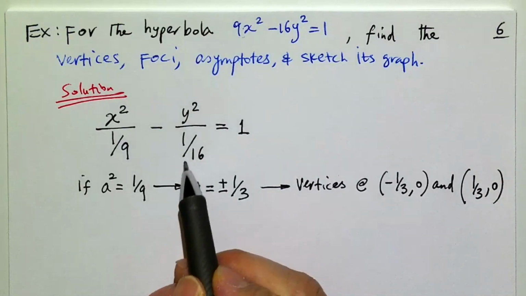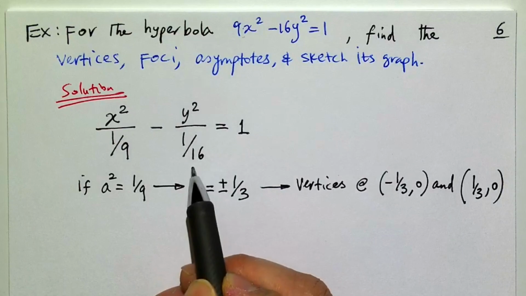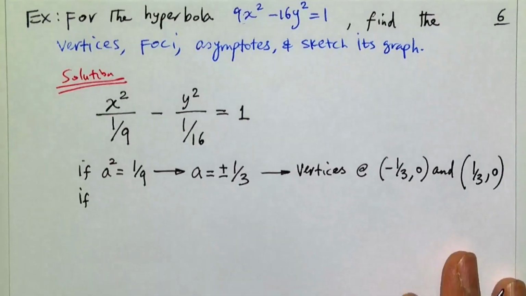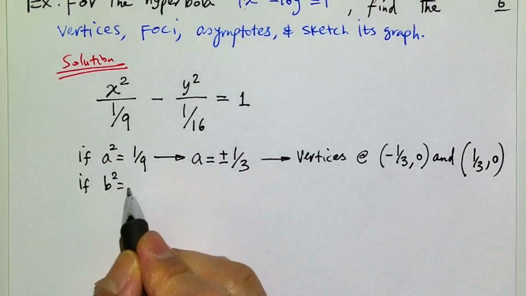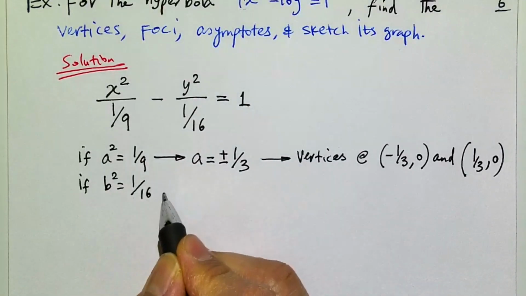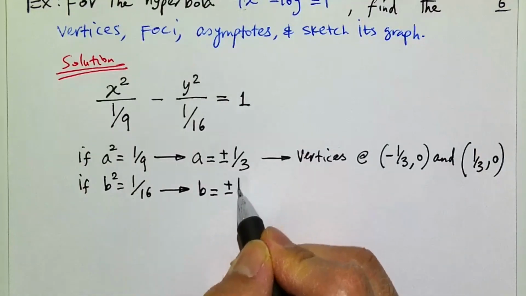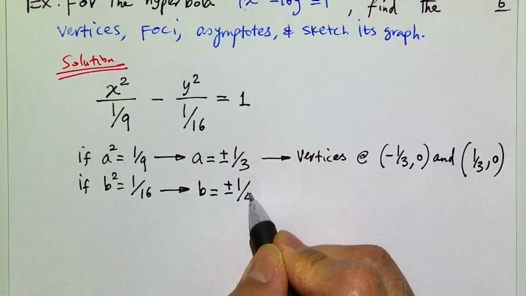By the same token, we know what b squared is. B squared is 1 over 16. So if b squared is equal to 1 over 16, then we take the square root of both sides, and we end up with b equals plus or minus 1 over 4.